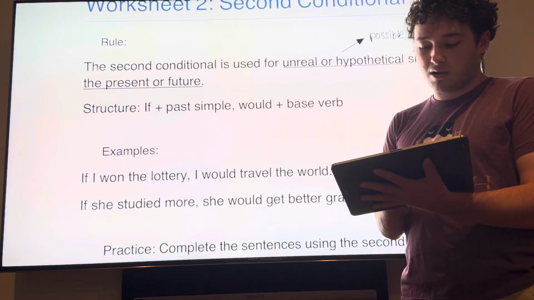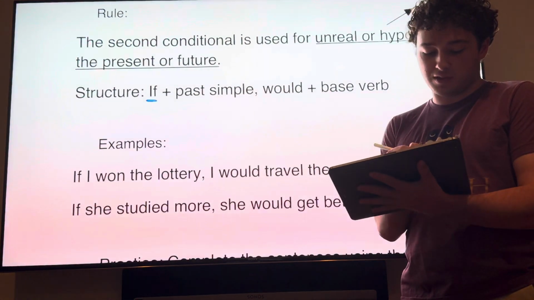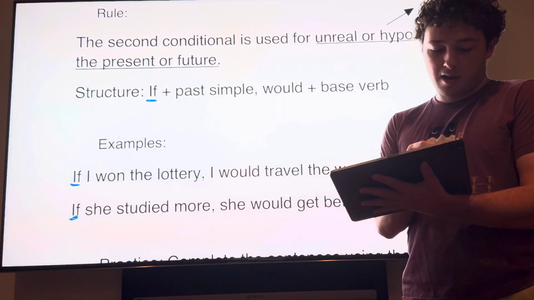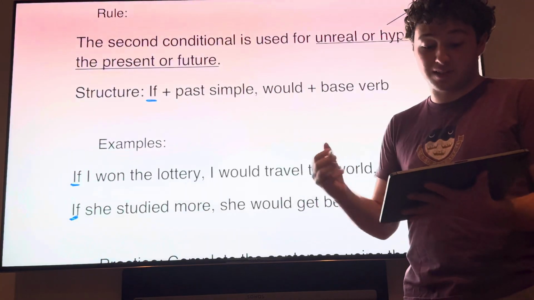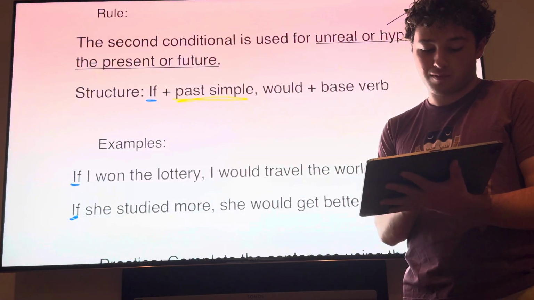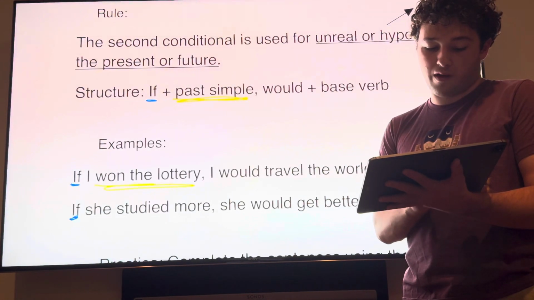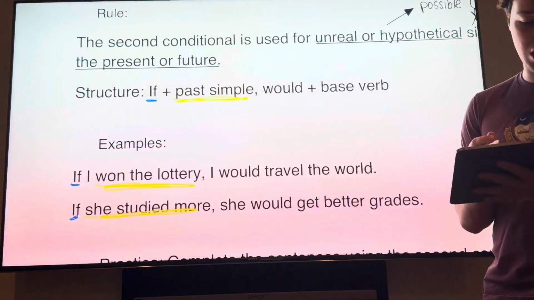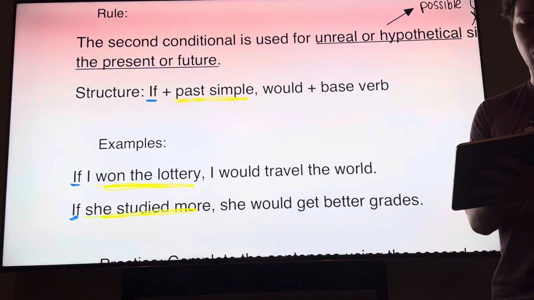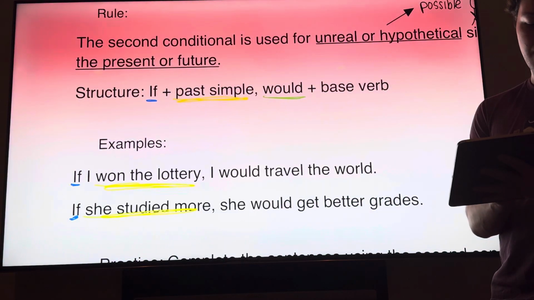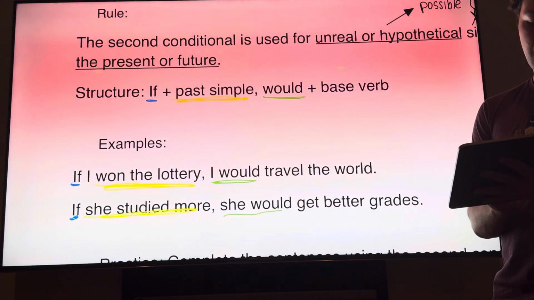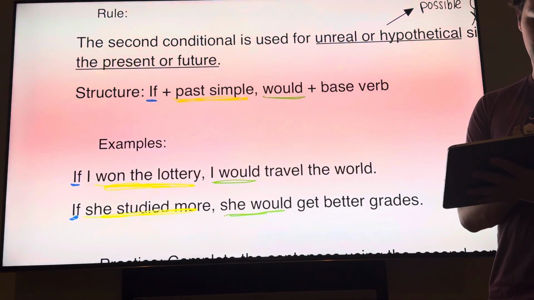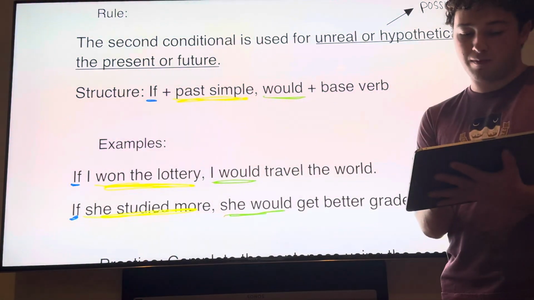And then this structure is a bit different as well. So, as before, you start with if. There's always if. Then you'll start with the past simple. If I won the lottery. Then you continue with would, the word would. And finally, the last bit here, the base verb.